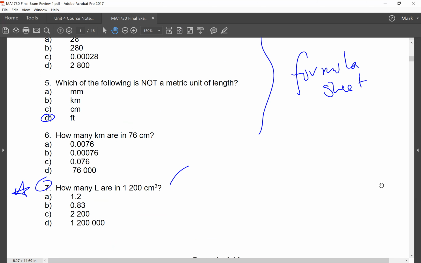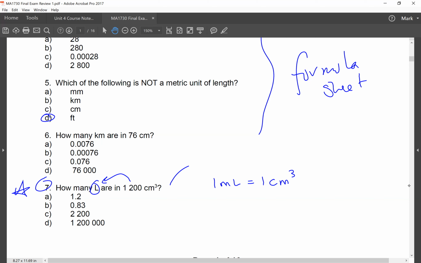So first things first, let's think of some conversions. First of all, I know that 1 milliliter is 1 cubic centimeter. No problem there. But what I'm trying to do is go from liters to centimeters, so I'm trying to go backwards. I have centimeters to liters.